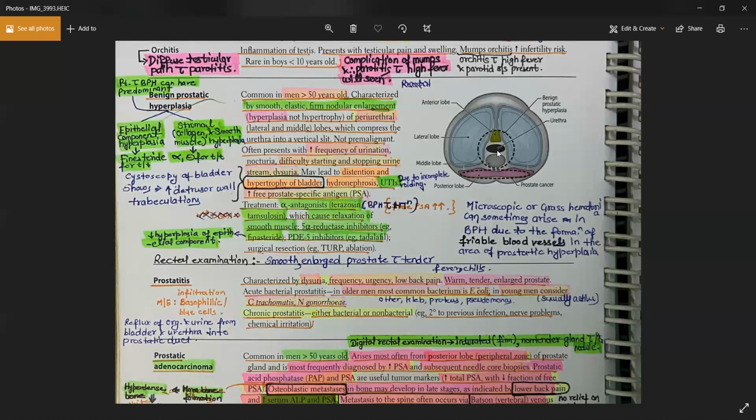They have a very weak urinary stream and continuous dribbling of urine. This kind of history suggests that the patient has a blockage in the urethra, and in males it is of course most commonly caused by BPH.